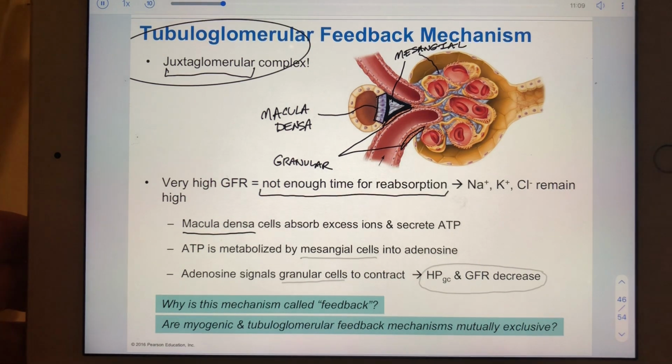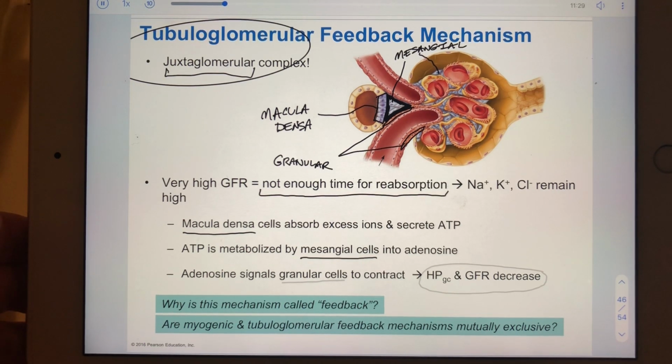And ATP, you may already know, is yet another powerful vasoconstrictor. What happens is those mesangial cells, those sort of packing peanuts that we saw, will metabolize that ATP that the macula densa cells secreted into adenosine.